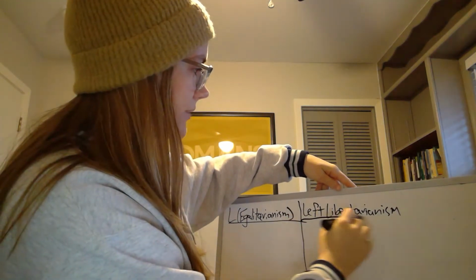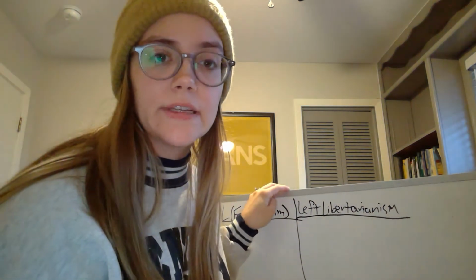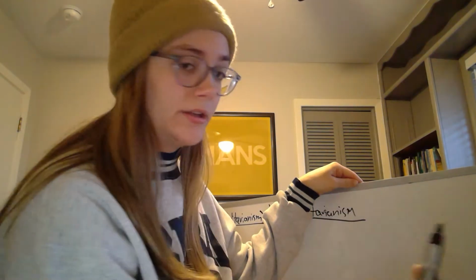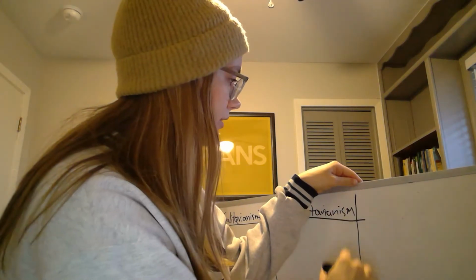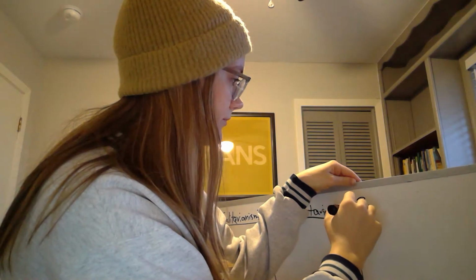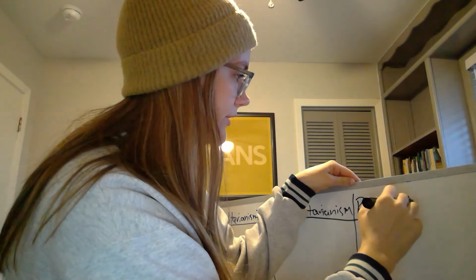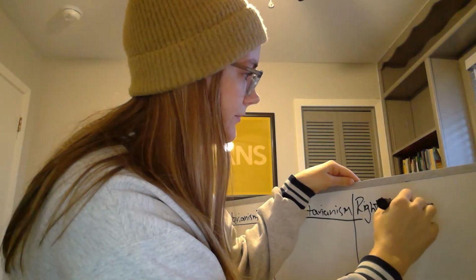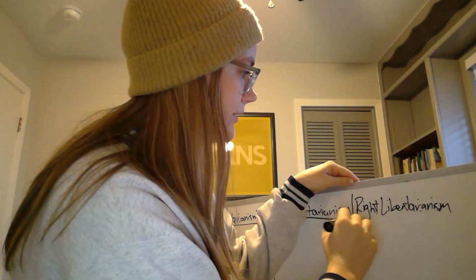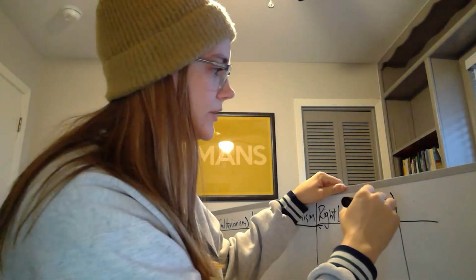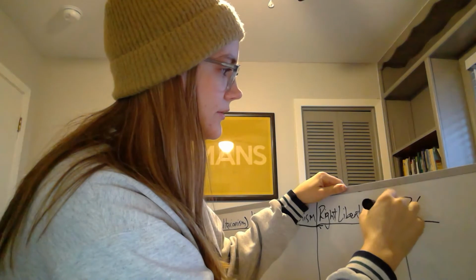That is like most libertarians that you hear of today, they're going to align with left libertarianism. Then you have right libertarianism, which is slightly different. It's actually what Mill is. A lot of it is similar, but the underlying principles are different. And then finally, on the right, you get conservatism. So right conservatism.